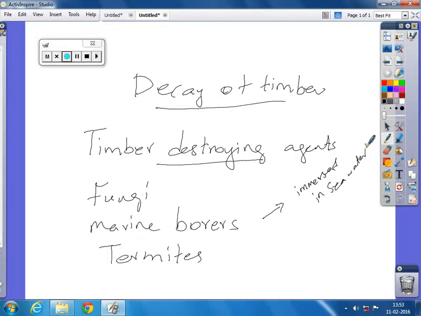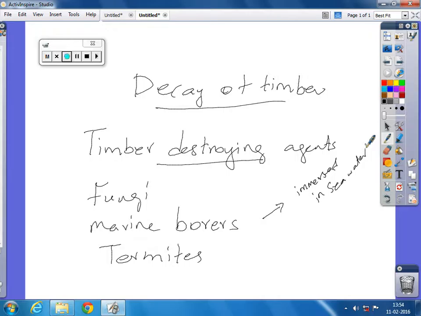A fungus, when it gets in, okay, sorry. What about termites? Guys, answer. Sleeping? It eats away the wood.